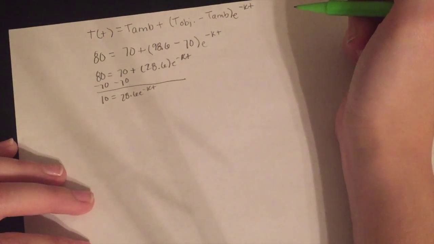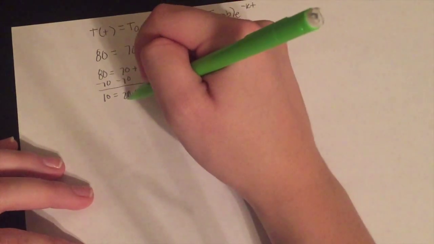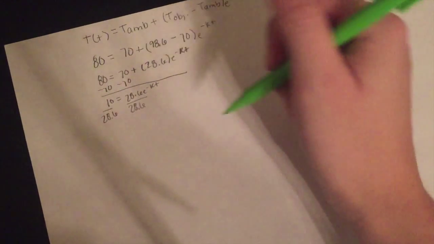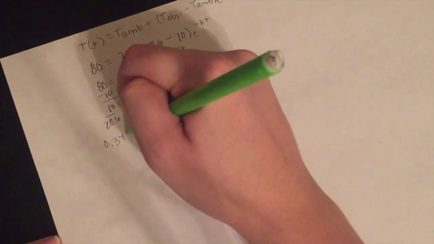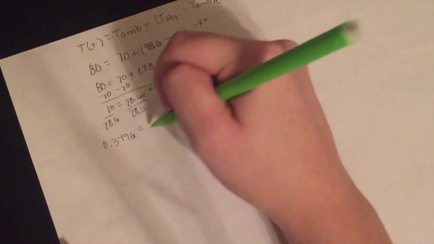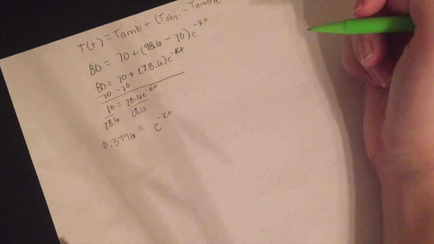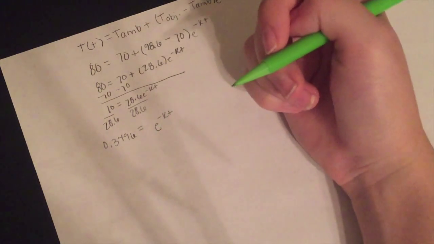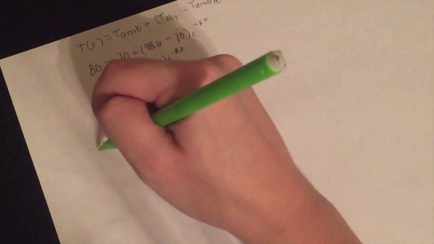All right, and then we're going to divide each side by 28.6. So 10 divided by 28.6 is going to be 0.3496, and that's equal to e to the negative kt on this side. We're actually trying to find t right now, so just like the last equation, we take the natural log of each side to get rid of the e, so those cancel out.